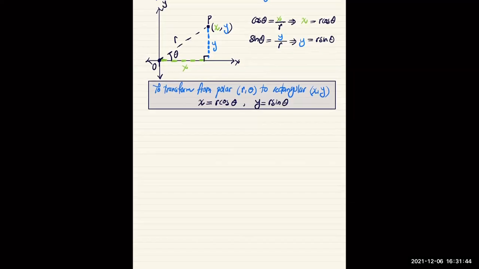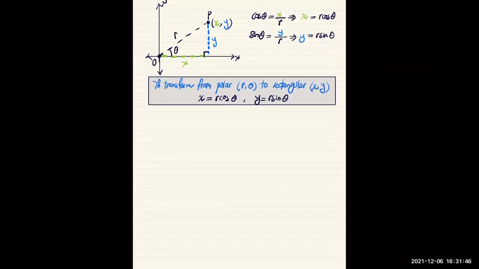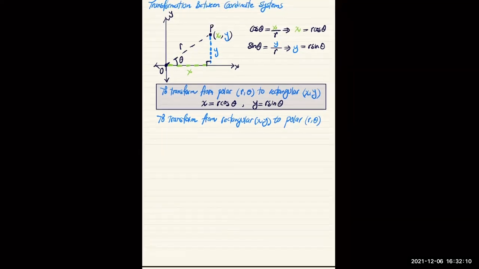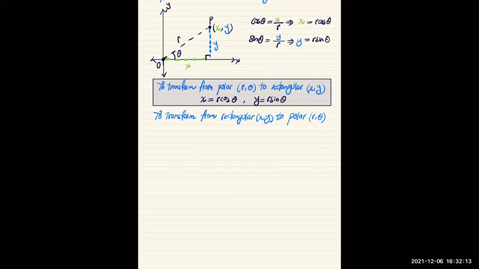And if you want to go backwards, to transform from rectangular xy to polar, which is r theta, there are several ways that you can do this. So you have xy, you have a point like 1, 2, and you want to get r and theta.